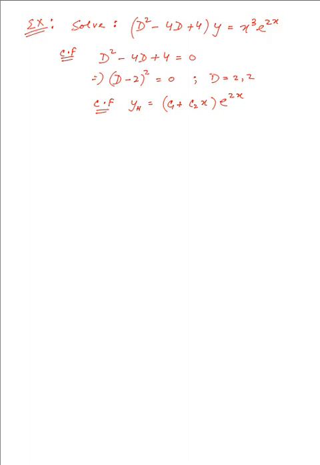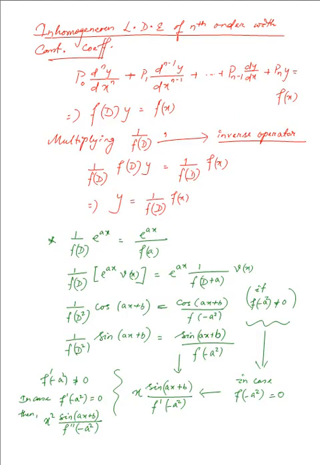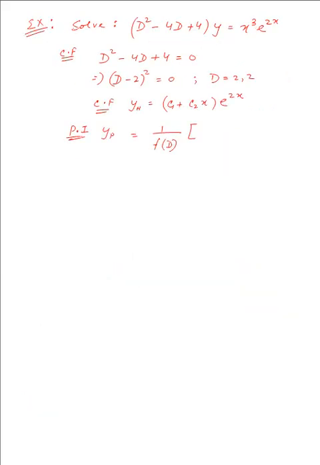Now in case of the particular integral that we must obtain, that is y_p, that will be equal to 1 upon f(D) acting on, well, if you see, this is of the second form that we have discussed right over here, that is e to the power ax times v(x).